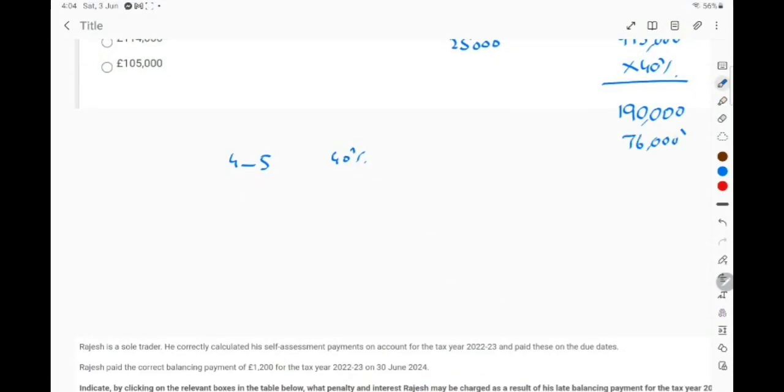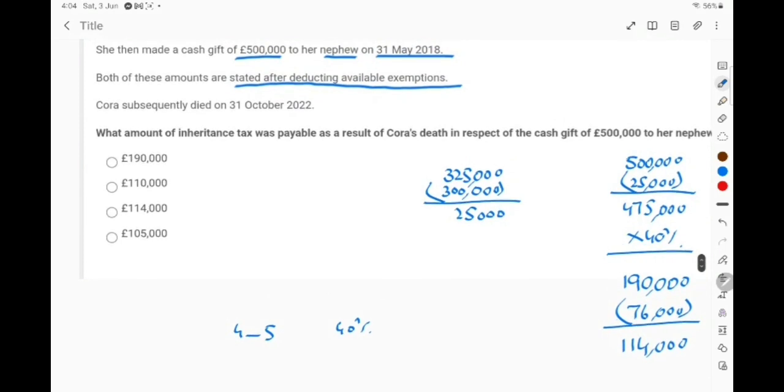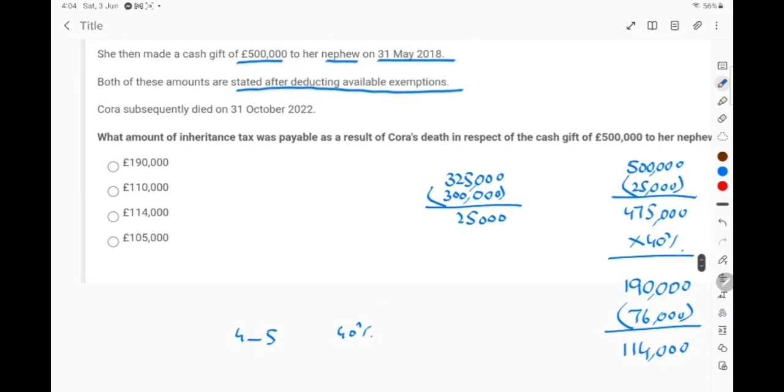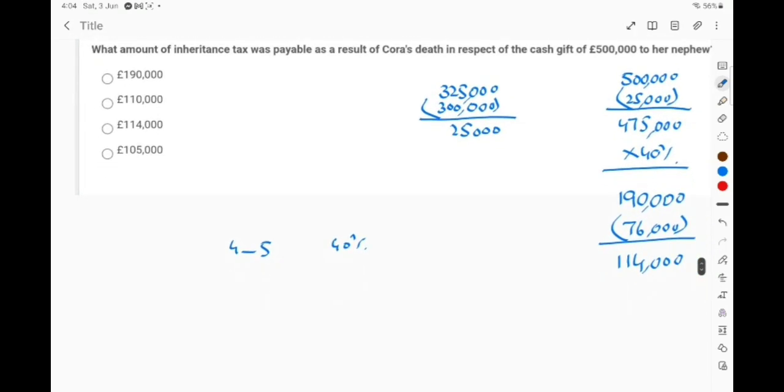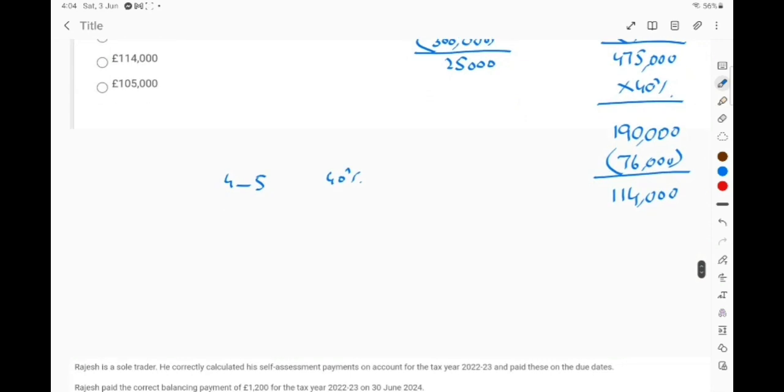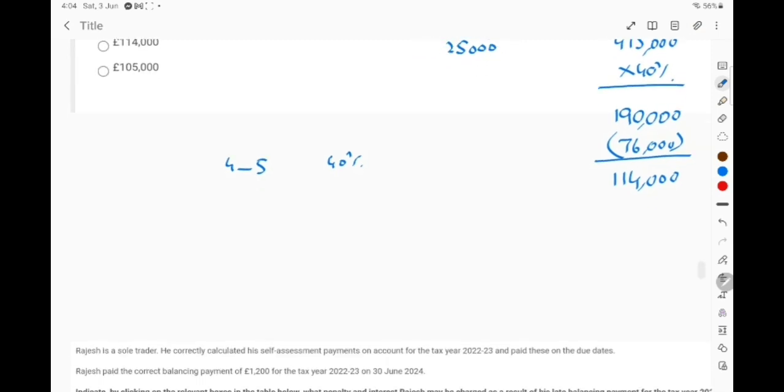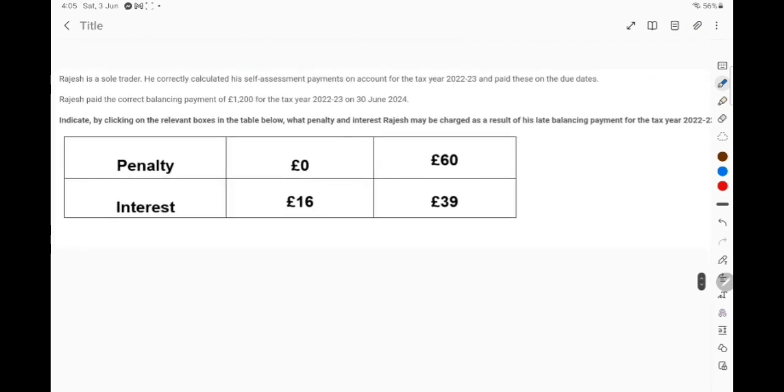So remaining amount of tax that is to be paid is 1,14,000, right? So first we have to consider what is the available nil rate band, then we have to consider the tax, and then we have to consider the concession, taper allowance.